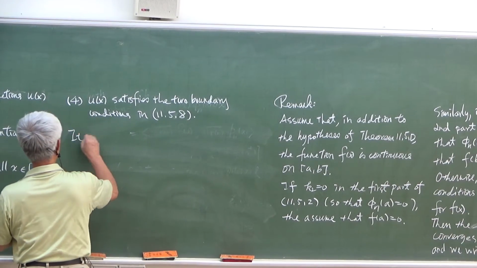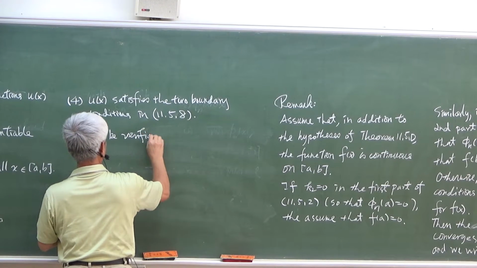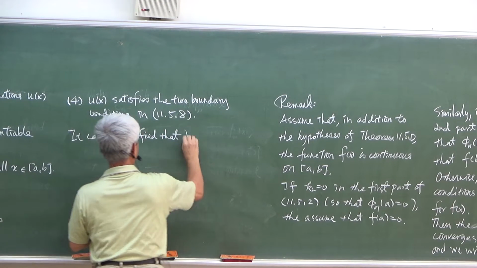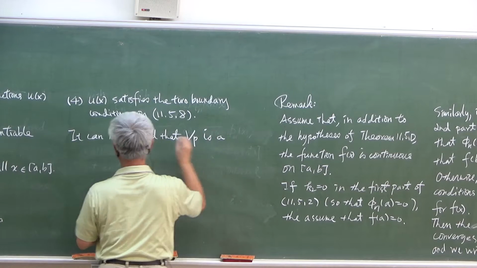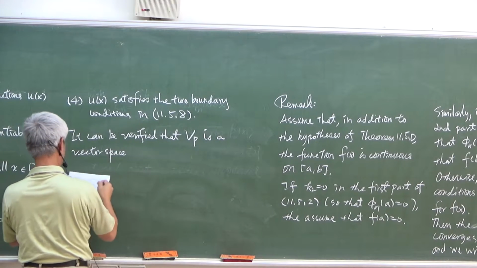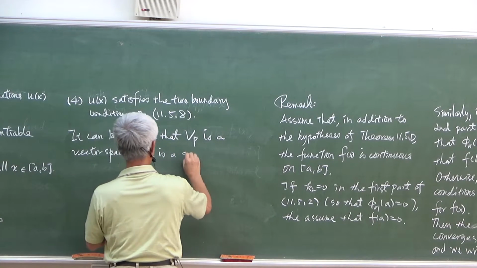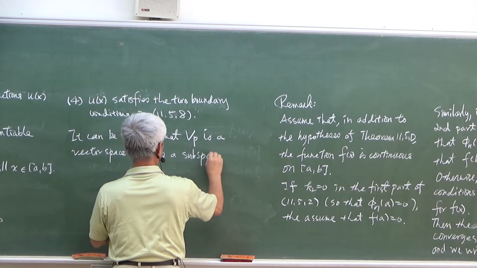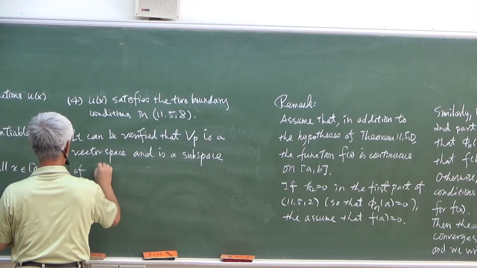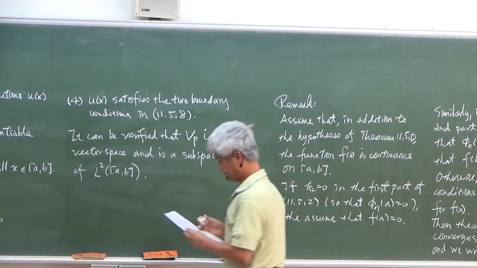Okay, so it can be verified that V_P is a vector space, and is a subspace of L2[a, b].